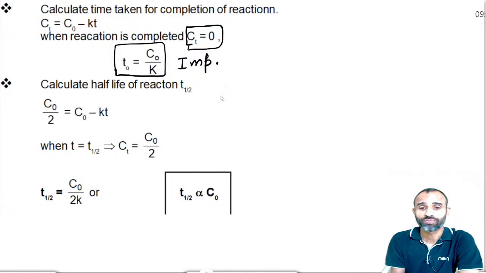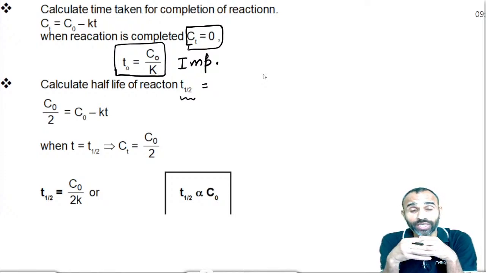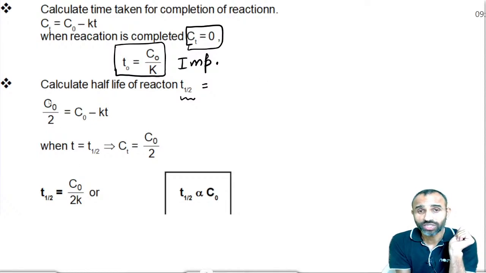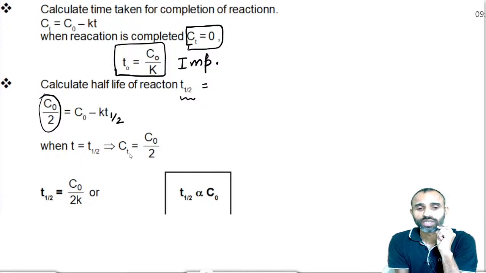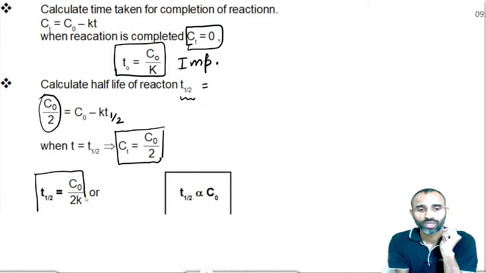Now half-life. What is half-life? The time taken for the reactant to be consumed or decreased to half of its initial value. That means Ct comes out to be C naught by 2, and therefore when time is t half, Ct is C naught by 2, and t half is equal to C naught by 2K.